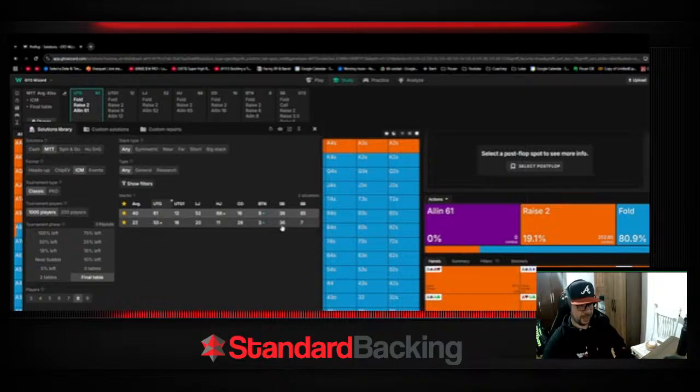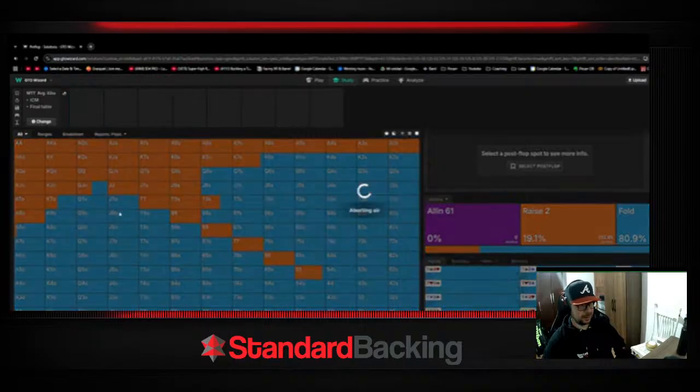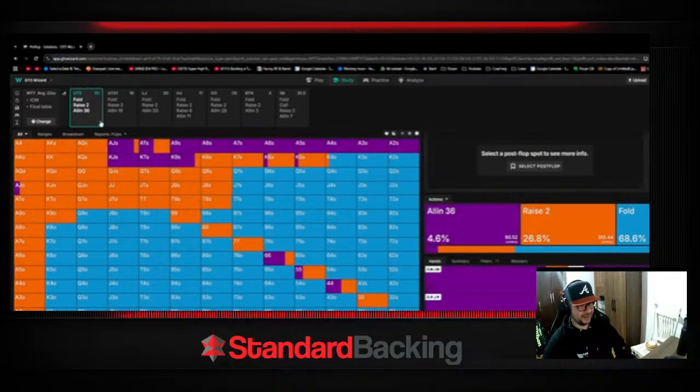So for example, do we jam king six suited from UTG in this scenario? I said that maybe yes. I don't remember. No. A little bit, but it's mostly shoving. It's shoving some hands, which is quite interesting.